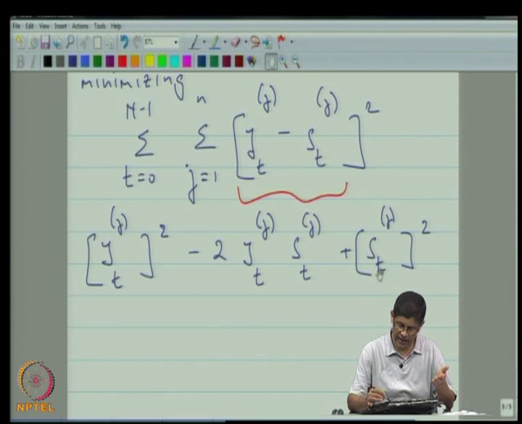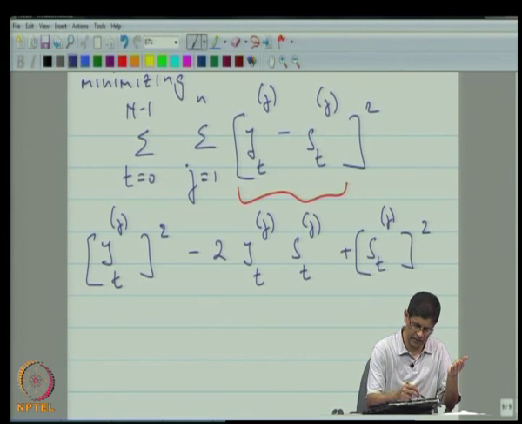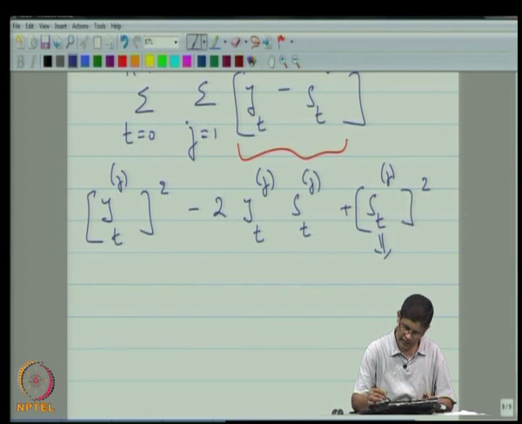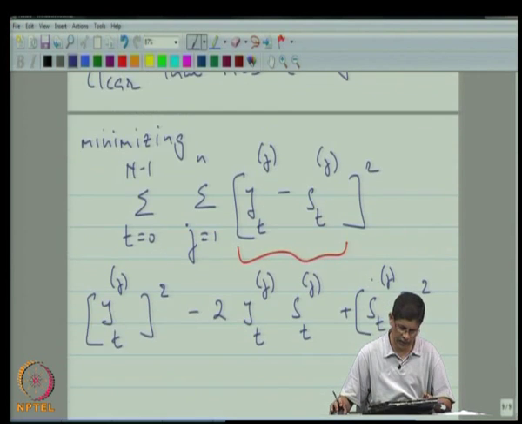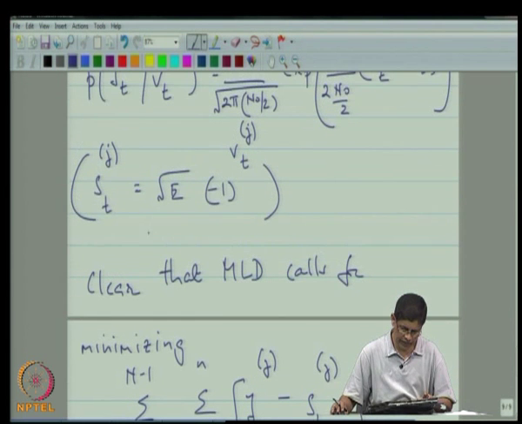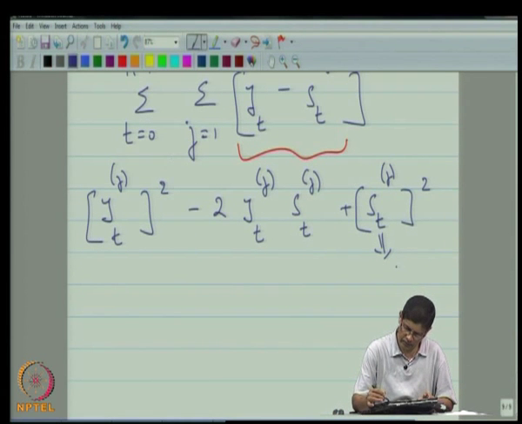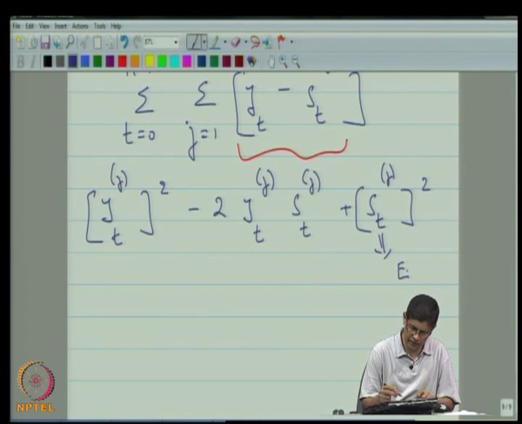Now, on a similar note, if you look at the expression for s t, if you square s t you will always get E. If you square this quantity, the dependence on the code symbol disappears and you will just get E. So, again you get a quantity that is independent of the code word and therefore can be dropped.